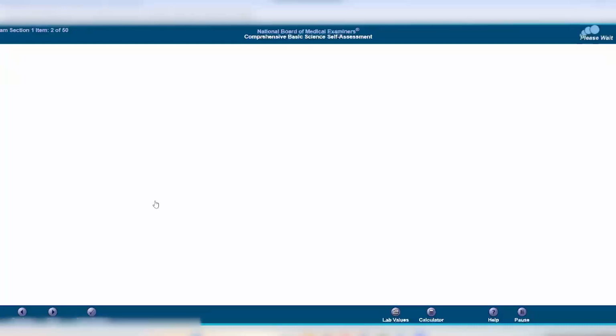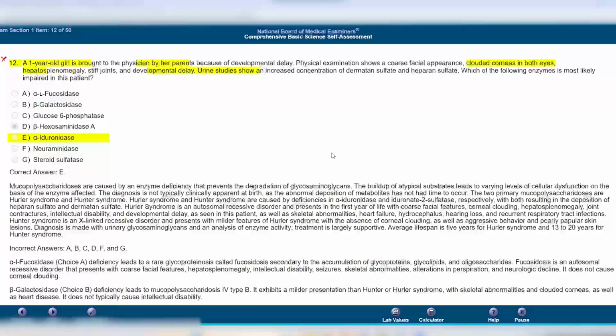All right, let's go to the next one here. I can't give you too much of this. This is a memorization thing, right? This is just that biochem. You gotta know your lysosomal disorders. Do I personally remember these now? No, definitely not.